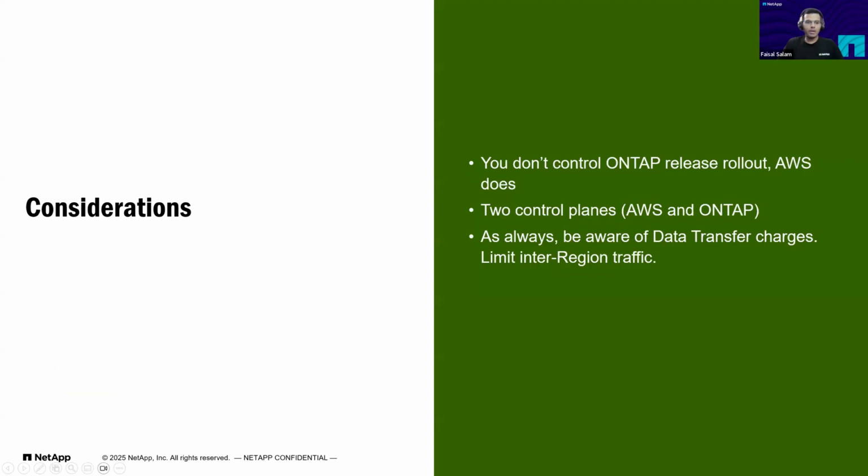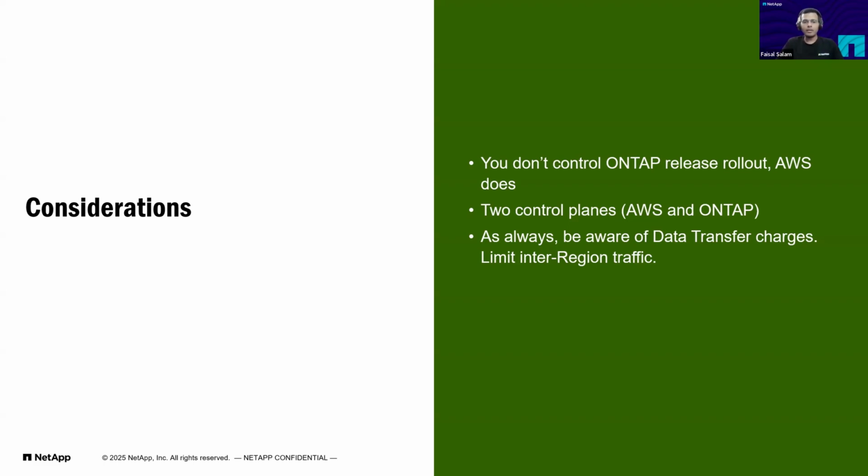All right, moving on. Some of the considerations: the ONTAP release rollouts are controlled by AWS, and there are primarily 2 control planes, from AWS and from ONTAP. So for AWS, you could use the AWS FSx console. You also have the AWS CLI that's available.